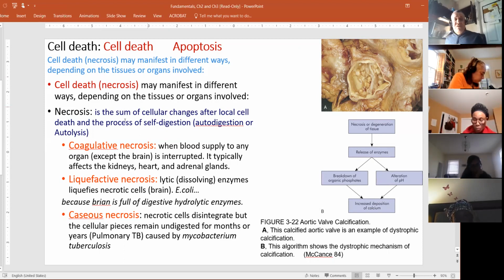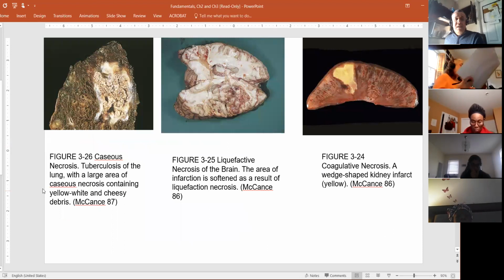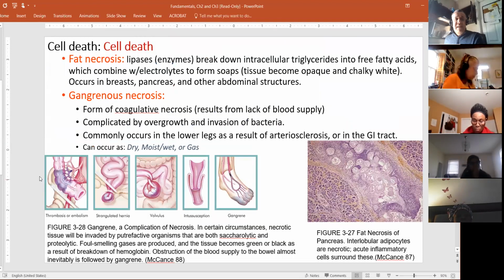We have different forms of necrosis, and you can review them: coagulative necrosis, liquefactive necrosis, caseous necrosis, and we have examples of that. And then we have fat necrosis and gangrenous necrosis.